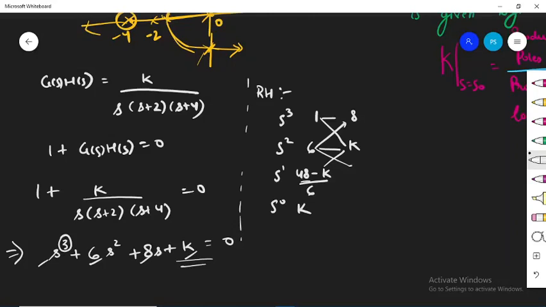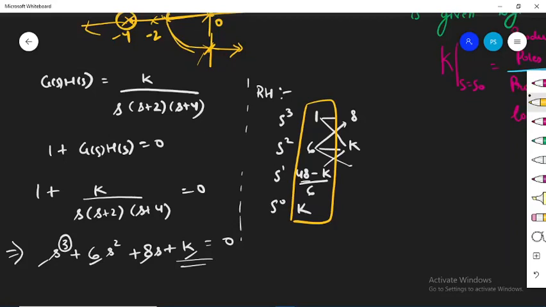Now for a stable system, if we are talking about the first column of the Routh array, there should be no sign change over here.